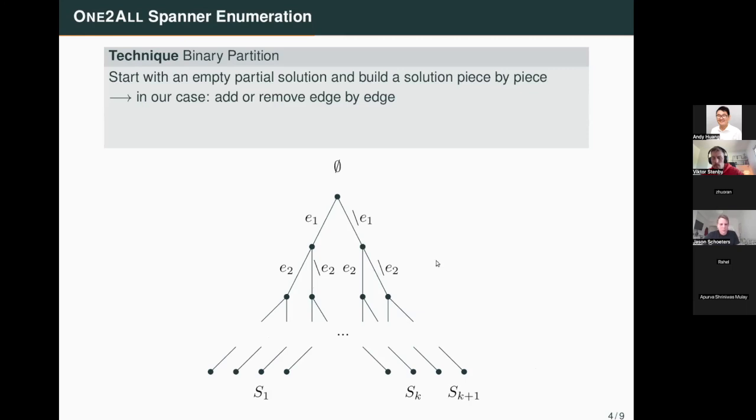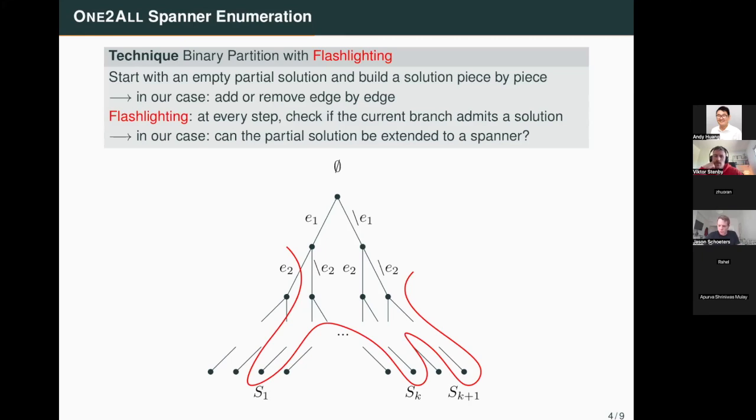So that's very bad, but we can easily solve that by using this technique called flashlighting, or extension. What we do is, at every step that we take in this partition tree, we check to see: when we add E2, can we still obtain a solution further down this branch?